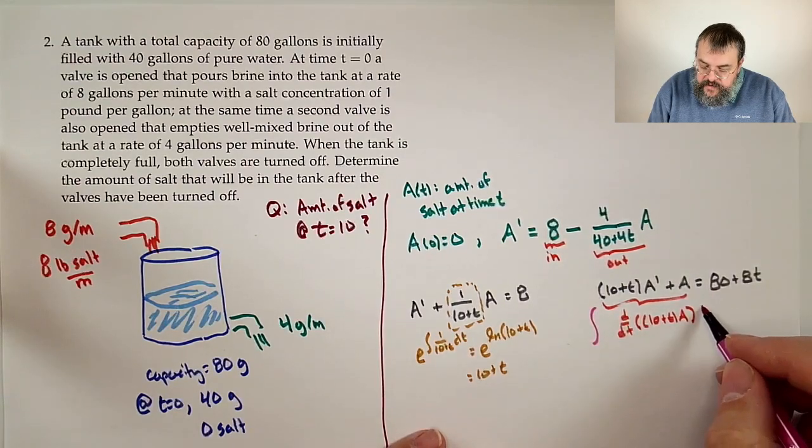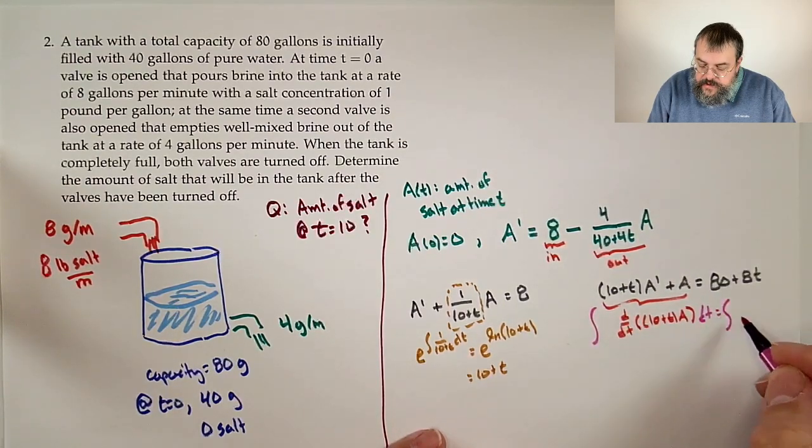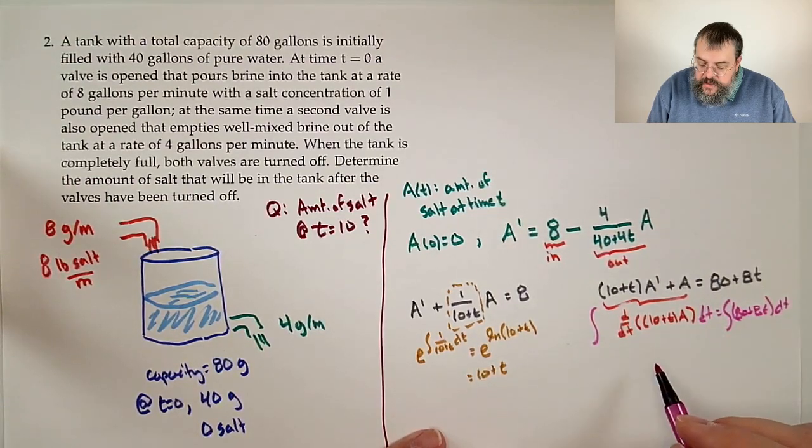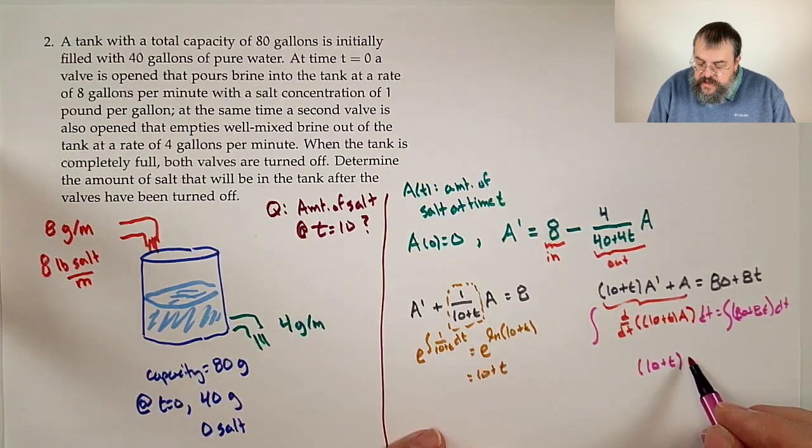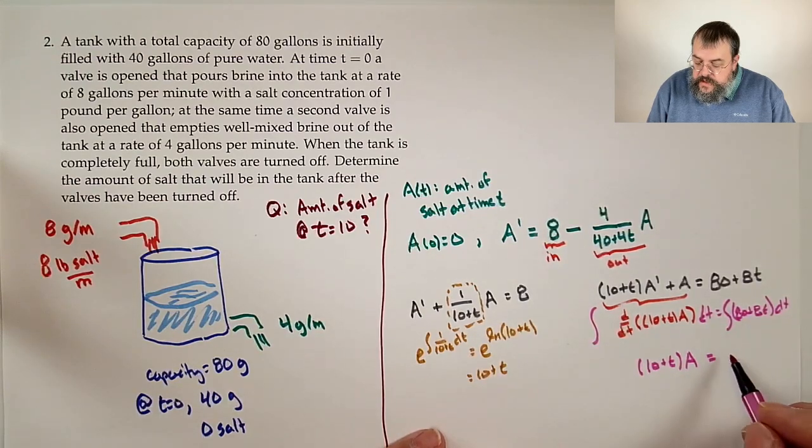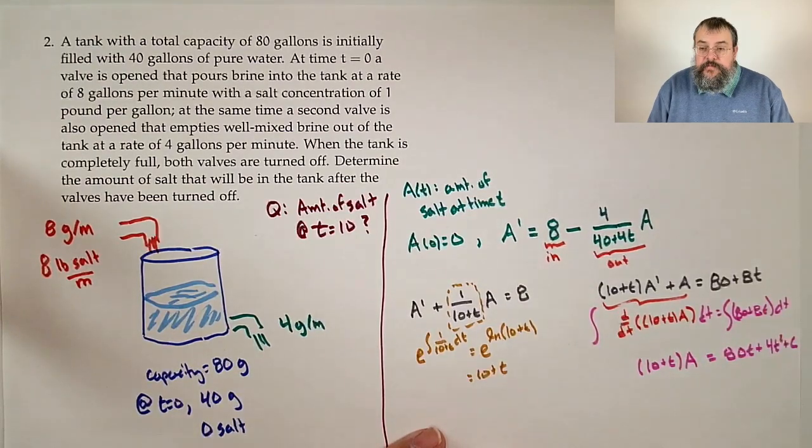That will equal the integral of 80 plus 8t dt. And we end up with 10 plus t times A is equal to 80t plus 4t squared plus c.